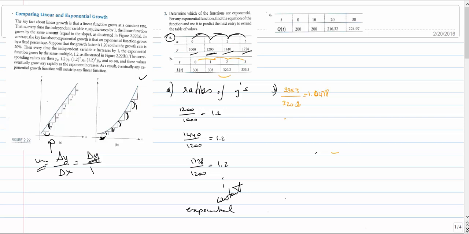Then 308 to 300 is 1.0267. So they're not constant. They're not a constant ratio. So the function is not exponential.